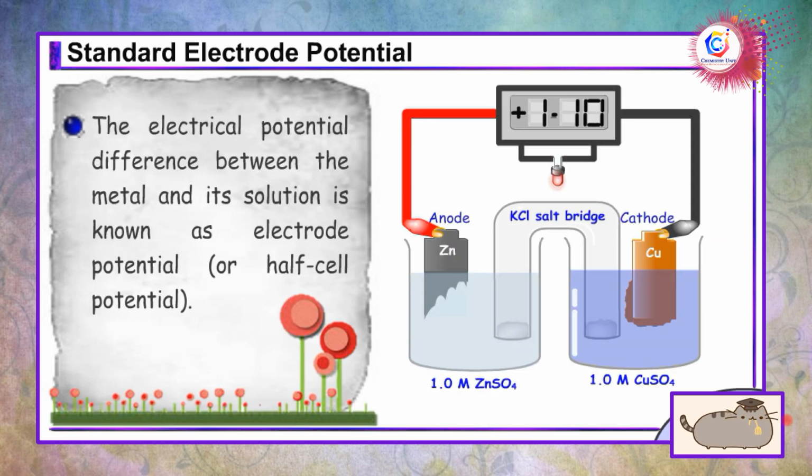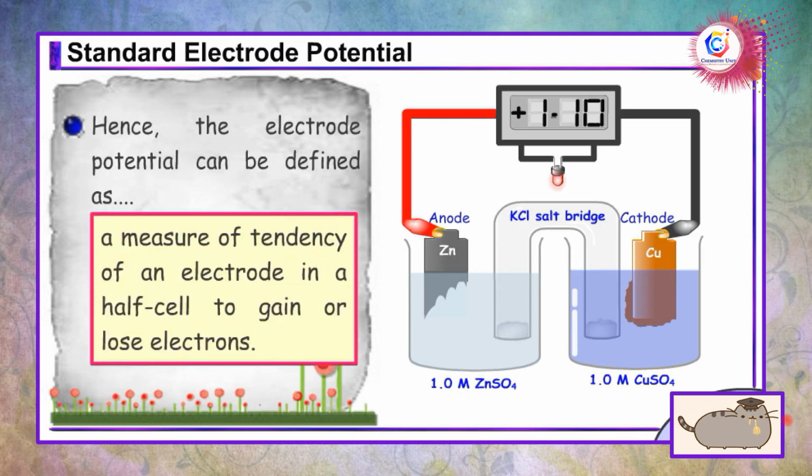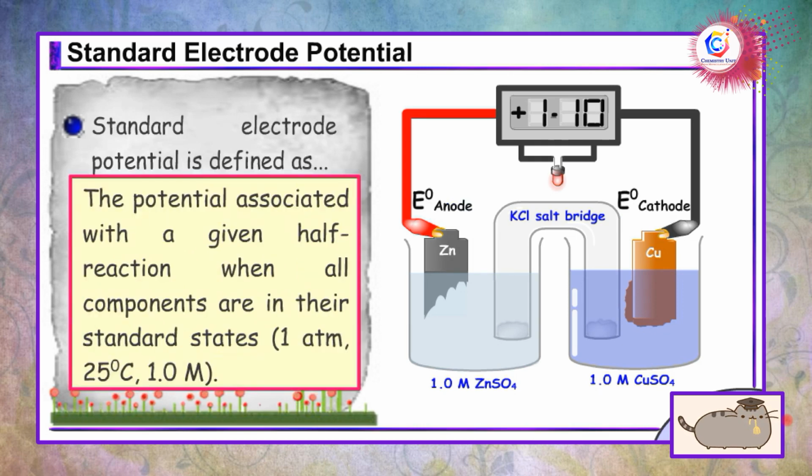The electrical potential difference between the metal and its solution is known as electrode potential or half cell potential. Hence, the electrode potential can be defined as a measure of the tendency of an electrode in a half cell to gain or lose electrons.